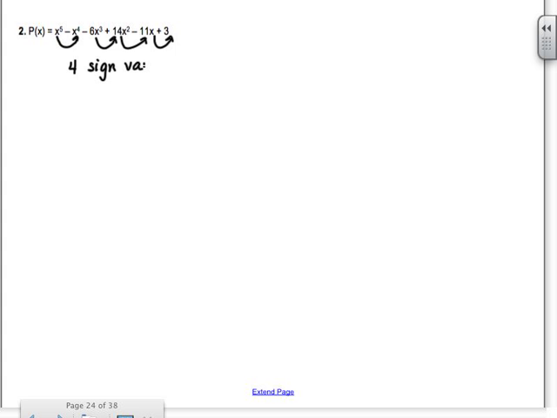Okay, so we had 4 sign variations. So that means there are 4, 2, or 0, right? So start at 4 and keep subtracting 2. 4, 2, or 0 positive real zeros.